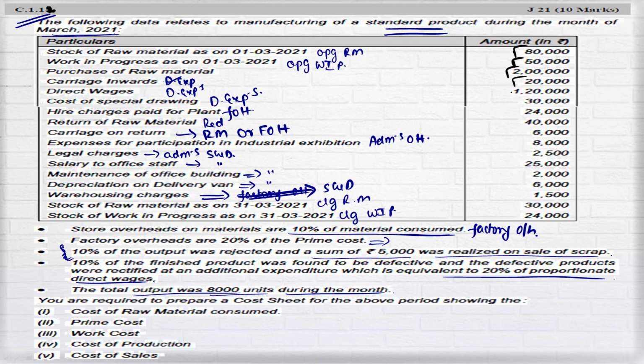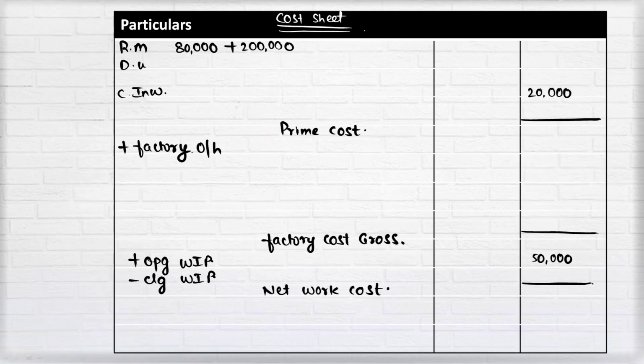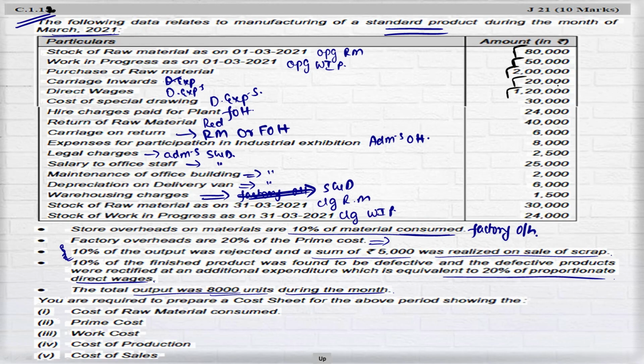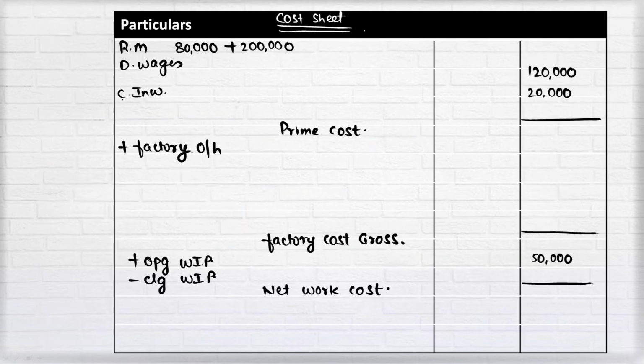Direct wages are 1,20,000. Cost of special drawings 30,000.